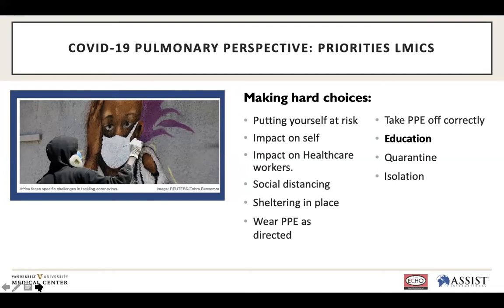We need to respect social distancing, as we know it works extremely well. Beautiful examples in Hong Kong, for example, in different parts, different cities in the world, where social distancing have been imposed early on with very low infectious rate. Sheltering in places, wearing protective equipment as directed, taking them off, and then very importantly, education.